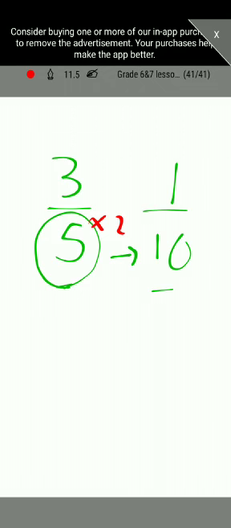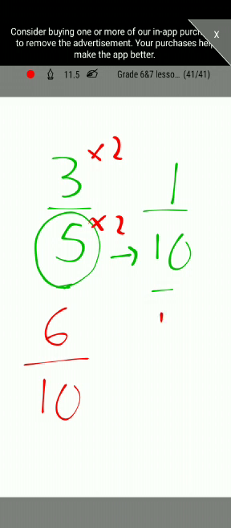And if we multiply the denominator, we have to multiply the numerator also. We are not changing the fraction, we are just rewriting its equivalent fraction. So the equivalent fraction of 3/5 is 3 times 2 is 6, and 5 times 2 is 10, and we copy down 1/10. Now both denominators are the same.